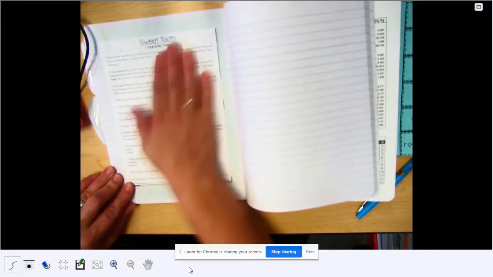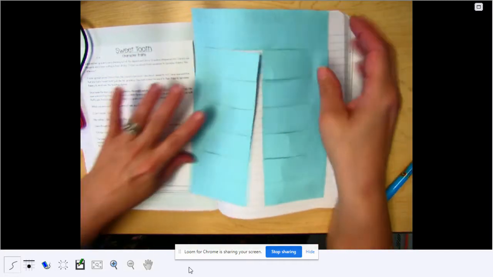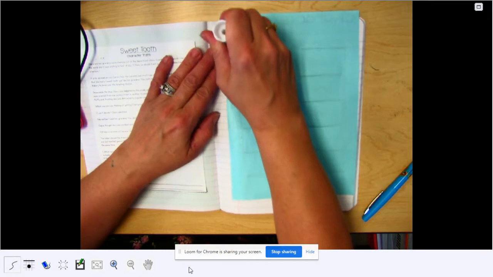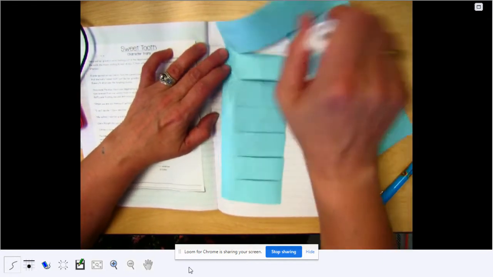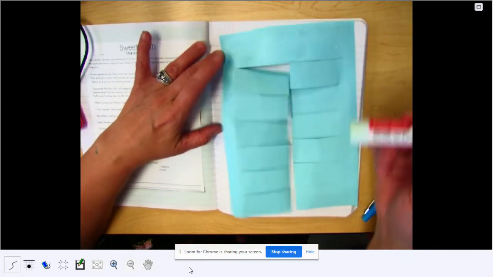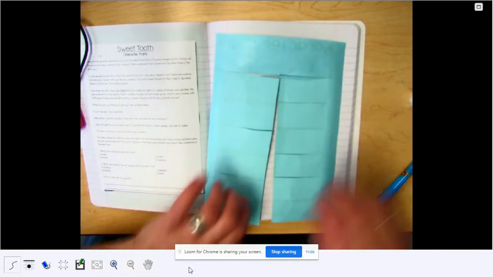So all glued down. Okay, and now we're going to take this one. It's kind of hard because it moves around, but we're just going to go one piece of glue up this way. Then we're going to go across, across, across. And then down.